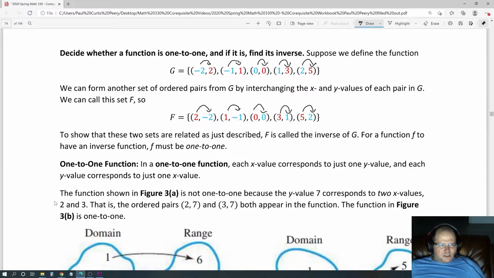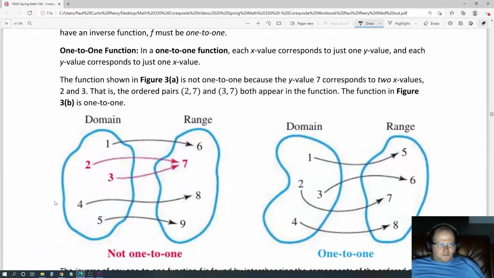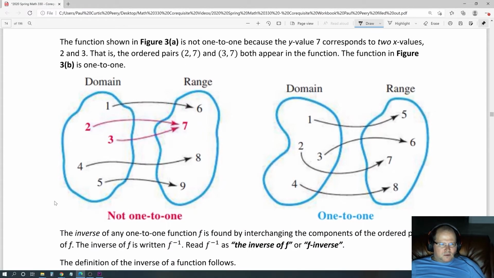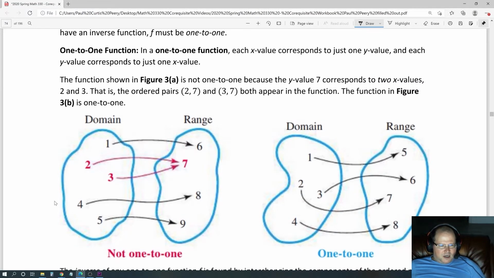So to show that these two sets are related as just described, f is called an inverse of g. For the function f to have an inverse function, f must be a one-to-one. Okay, so one-to-one function. In a one-to-one function, each x value corresponds to just one y value, and each y value corresponds to just one x value. Okay, so these are examples of functions, but not a one-to-one function.